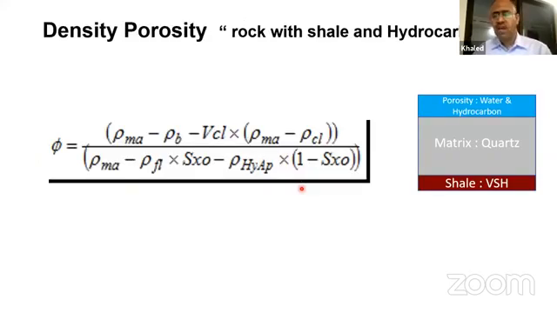If we have hydrocarbon, the porosity now has water and hydrocarbon. That's the equation that will include the density of the fluid, which is the water in the nearby well section, plus the hydrocarbon density multiplied by the saturation of the hydrocarbon.